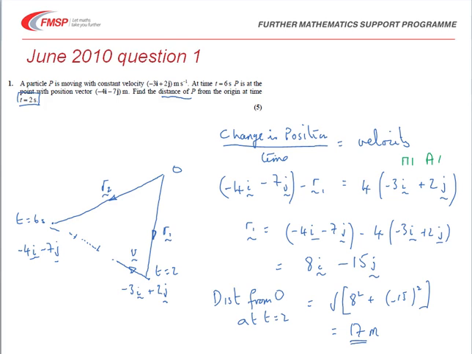Following that through and calculating the value of the vector r, there's a further A1, and then a method mark for using the idea of the magnitude of the vector, followed by an A1 follow through. So had you not got the correct vector, you could still pick up both M1 and A1 if you'd calculated the correct magnitude of the vector that you had found.